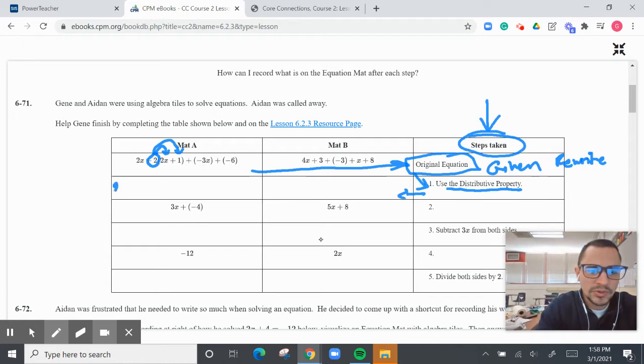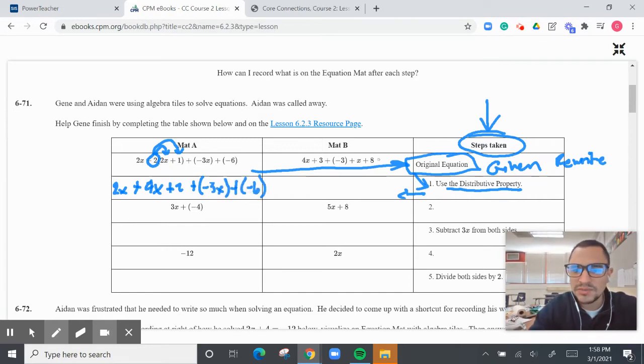So we can rewrite 2x plus, and then we got 2 times 2x, which is going to be 4x. And then 2 times 1 is going to be positive 2, plus negative 3x, plus negative 6. And then I don't even do anything here necessarily. So I'm going to go ahead and rewrite this expression as such.